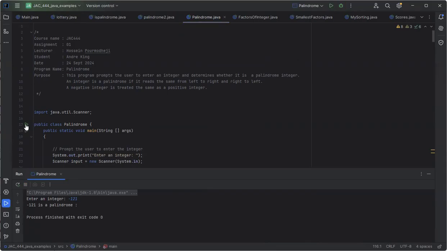Now, if you enter a number like this, it's not a palindrome because if you read it from left to right, it's 122, but if you do it the other way, it's 221.